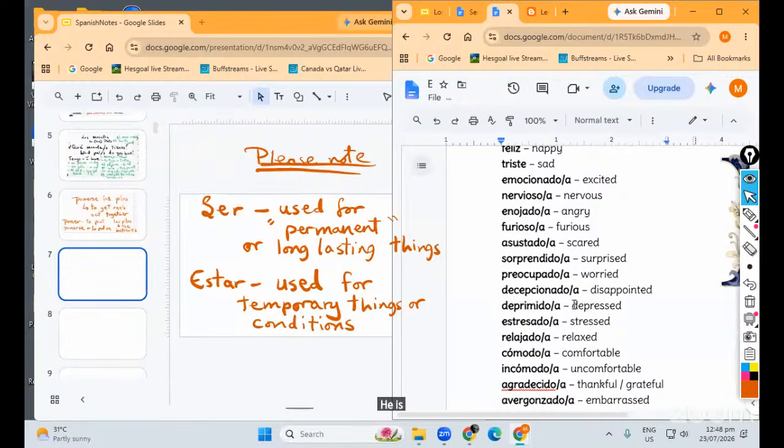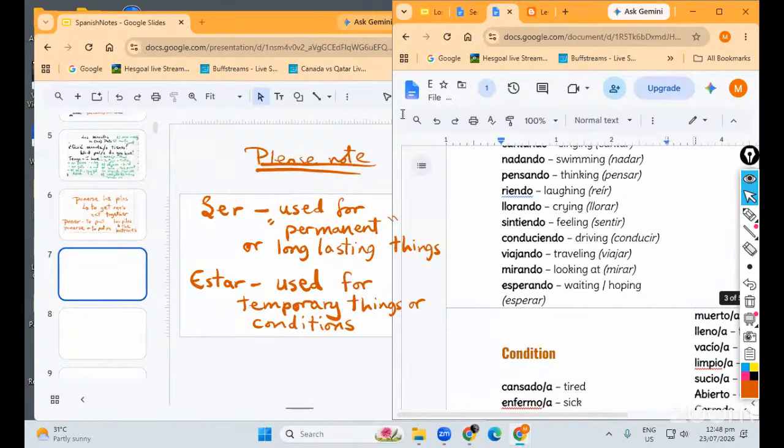E is for emotion, etc. All right, can we get into our uses?